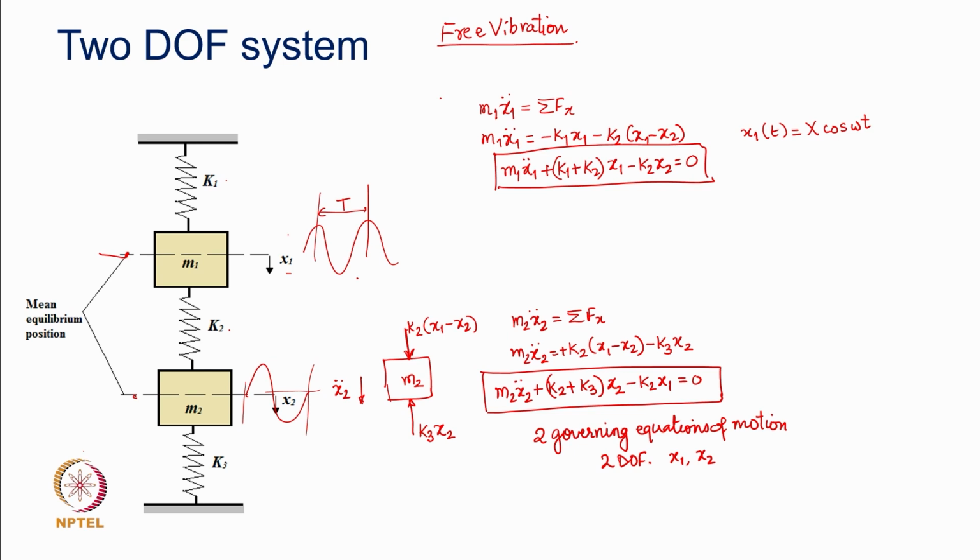So, based on the parameters of the system like m1, m2, k1, k2, k3, it is inappropriate to presume that the system is all going to move the way we saw in the single degree of freedom system, completing a perfect harmonic response, both of them at the same time.